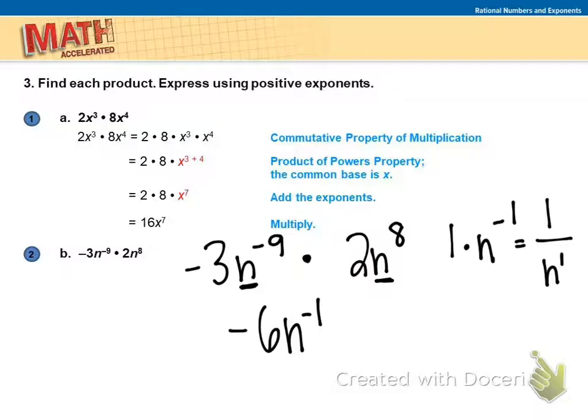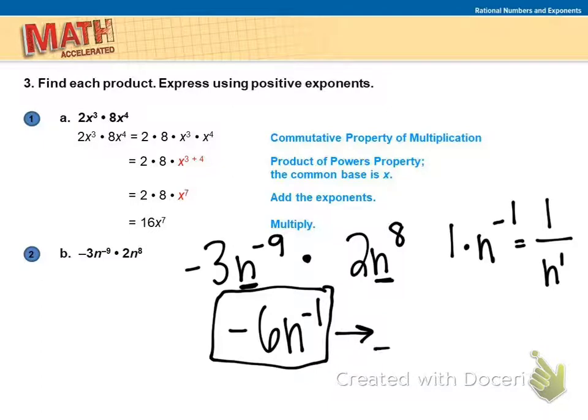But now let's look at this one. This looks like the same exact thing, but instead of it being multiplied by 1, what's being multiplied by? A negative 6, right? Is the negative 6 attached to the negative exponent? No. So it does not need to go anywhere. It does not flip with it unless it's attached to the negative exponent. What's the only thing attached to the exponent? The n, right? So what needs to be flipped to the denominator?